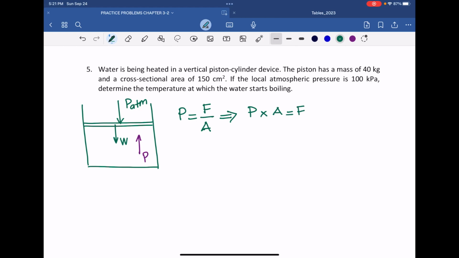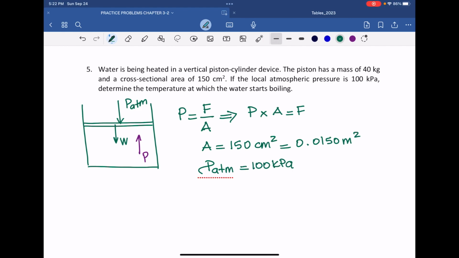That is the reason they give us the cross-sectional area of the piston. Now atmospheric pressure is also given, 100. Let's write it down. And mass of the piston is given.